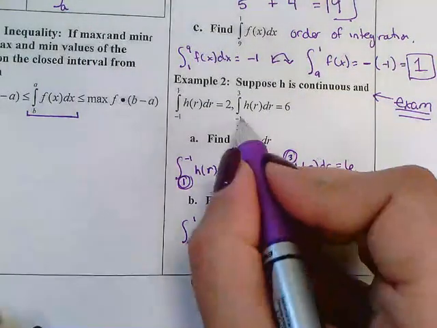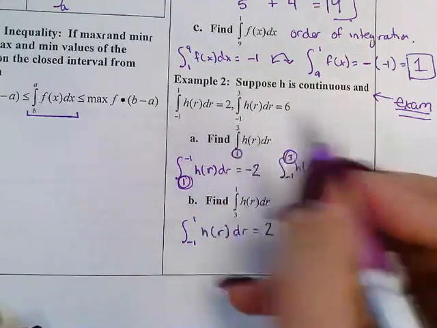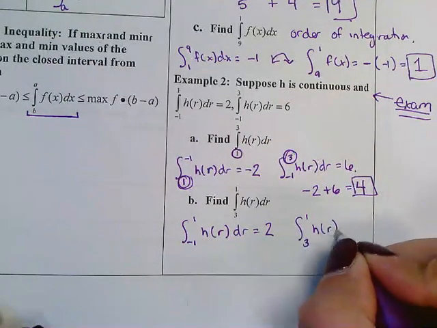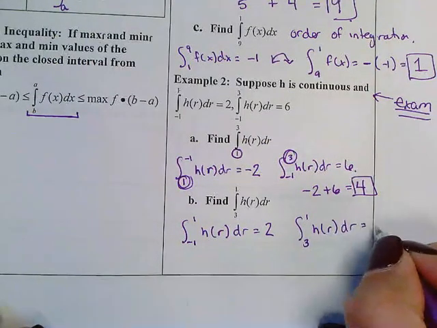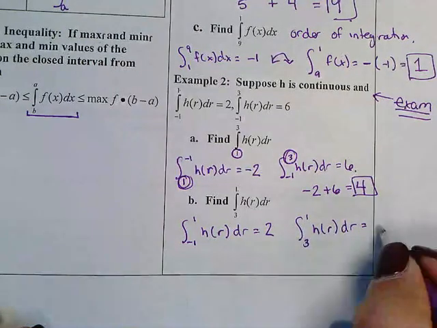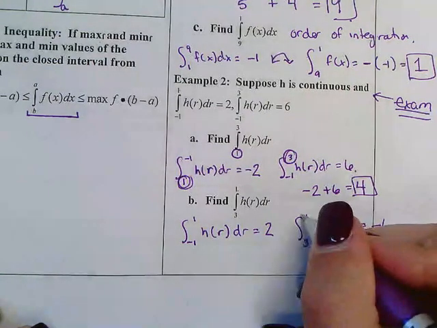And then this one right here, we need that 3 to be at the bottom. h of r dr is equal to, so by flipping the order of integration, what happens is that this becomes -6. Oh, and that's a -1.